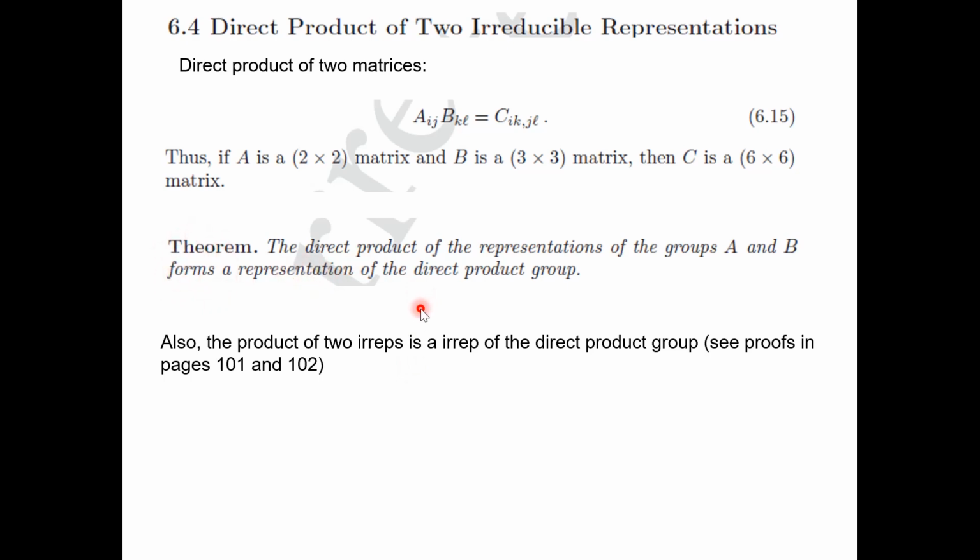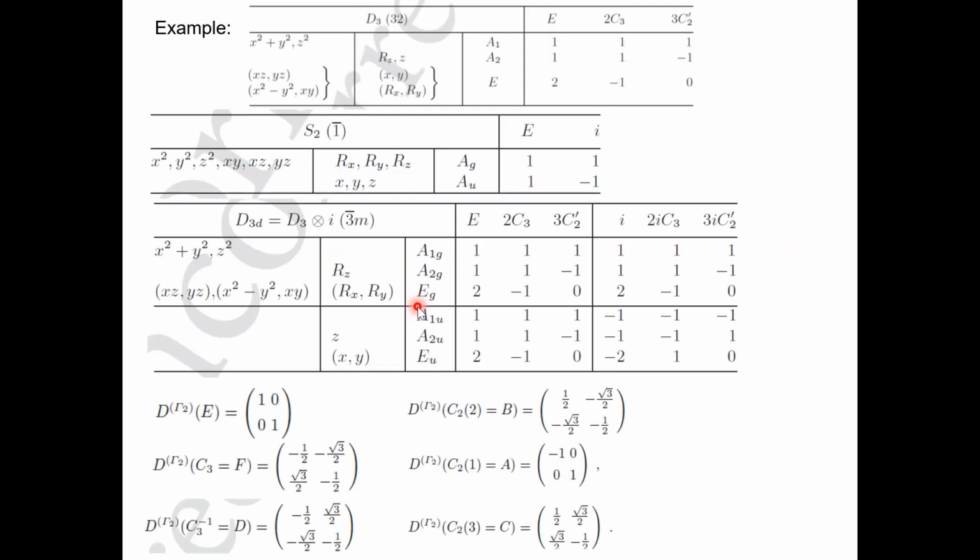Okay, so instead of doing the proof, let's consider a simple example, which is this one. This is the group D3. This is the character table of group D3, and we have seen this sometimes already. We can construct the group D3D as the direct product of group D3 with the inversion group.